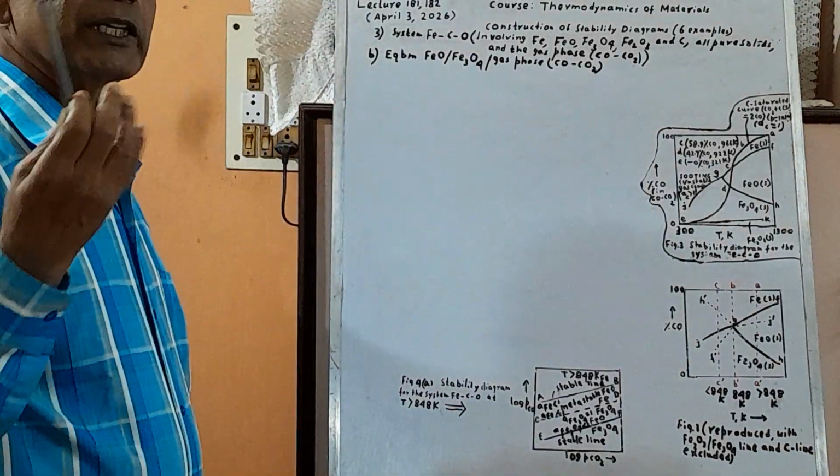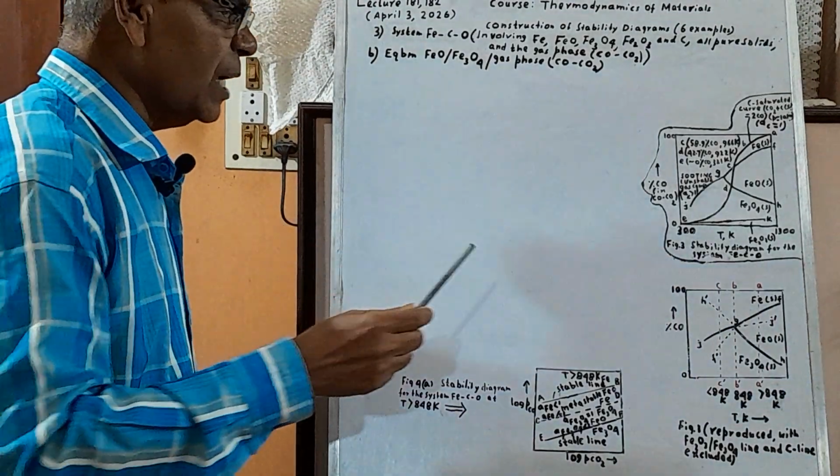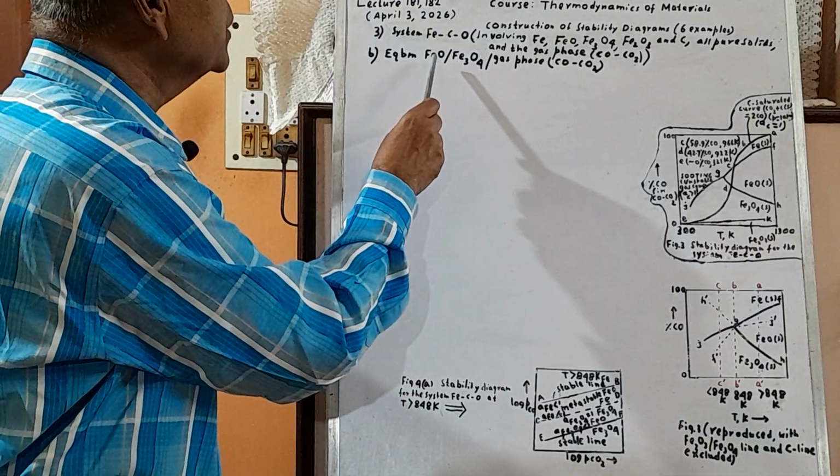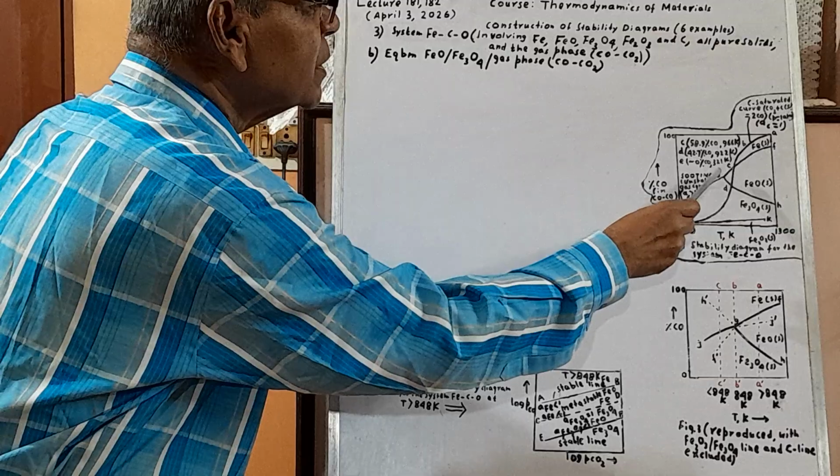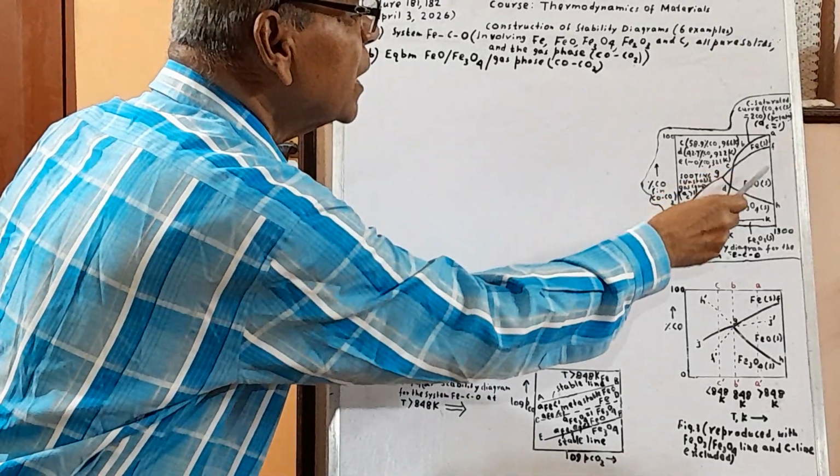We have already finished in the last class the equilibrium between Fe and FeO, means this curve GCF, Fe, FeO.